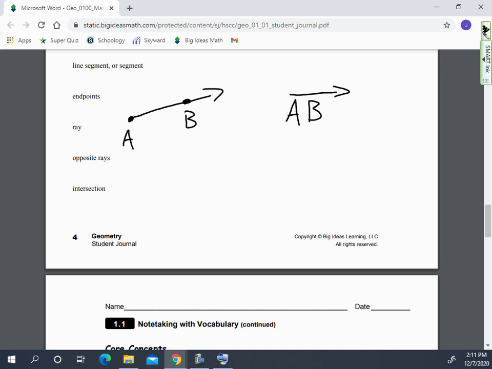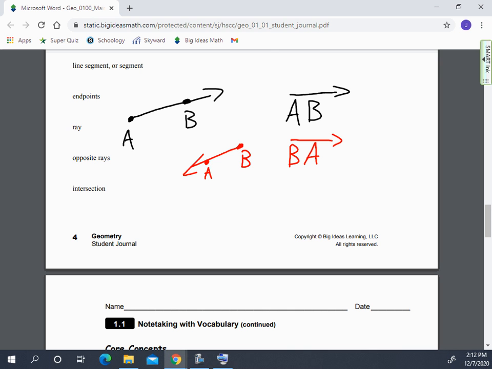If I had point B go towards A or go through A, this ray would be called BA. Understand that difference.